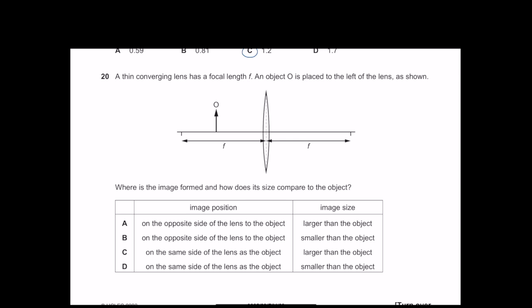Actually, once we are at a distance less than f, the image will be formed on the other side. I can complete it with you, but you don't have to do that during the exam. So the image position could be on the same side. So I'm going to choose same side here, C and D. And the image size will be larger. So depending on that, the common right answer is C. So I'm going to choose C.